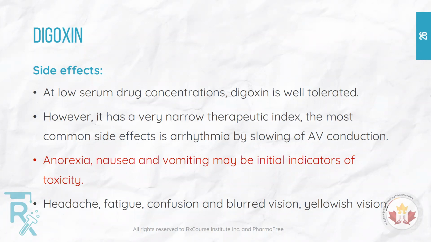What are you going to do? If you are confused between sending him to the emergency or measuring his digoxin level, the question is, do you have something in the pharmacy to measure the digoxin level?